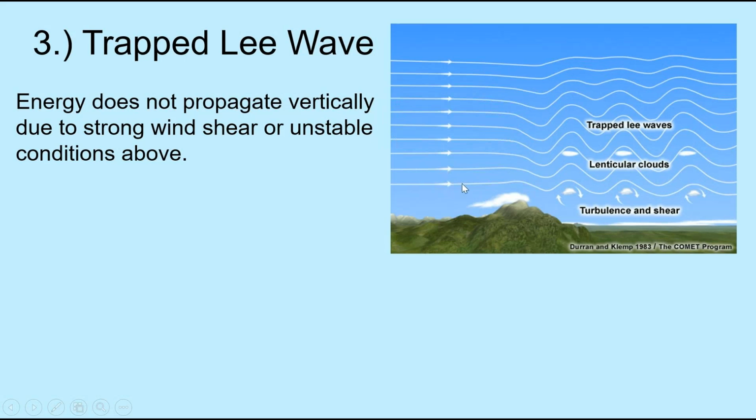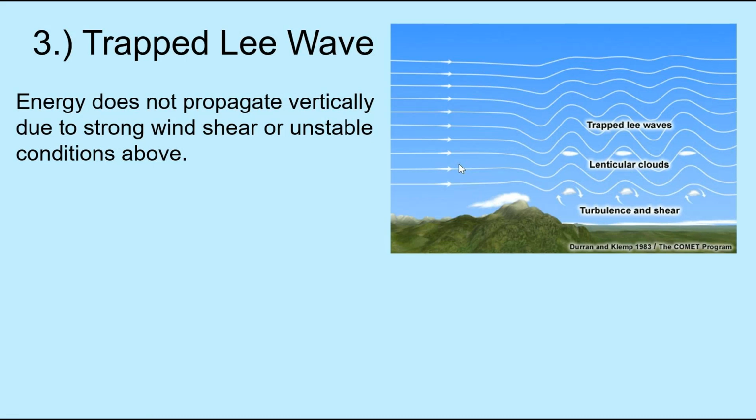But if your winds at 12,000 feet might be 35, but at 18,000 feet it's blowing 60, I mean, that stronger wind is just going to shear off the top of any amplitude that wants to develop, and that'll limit the wave height and allow it to rebound and become trapped lee wave further downstream.